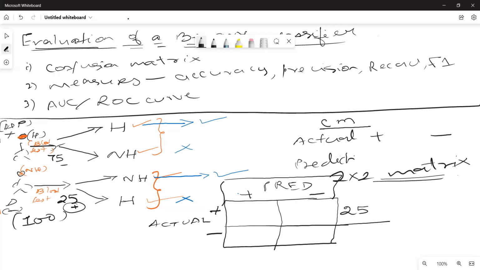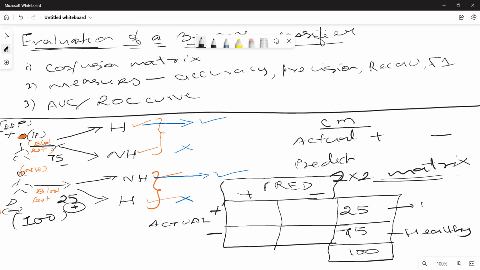The healthy ones, that is 75. So here actual negative is 75, and the total number of people is 100. Out of these 100 people, 75 are healthy people, that means they are the negative class. And these are diabetic.